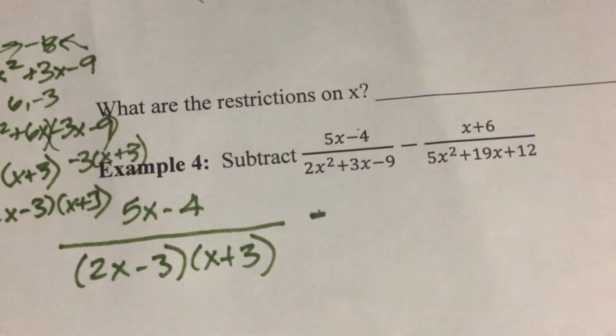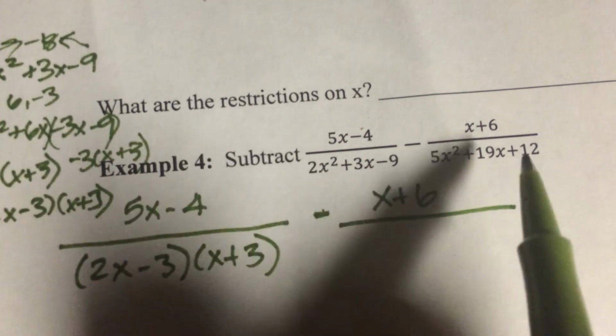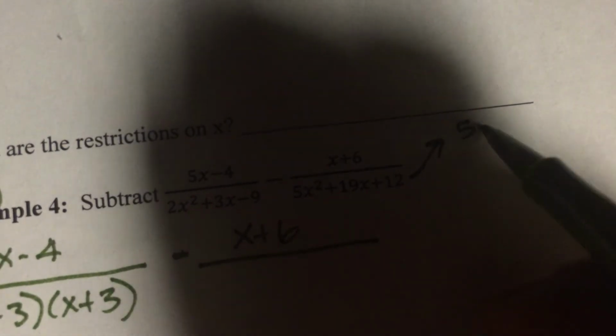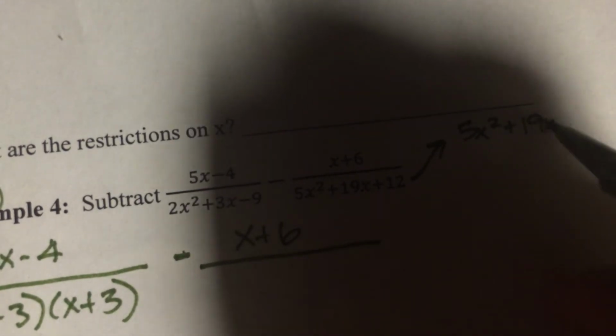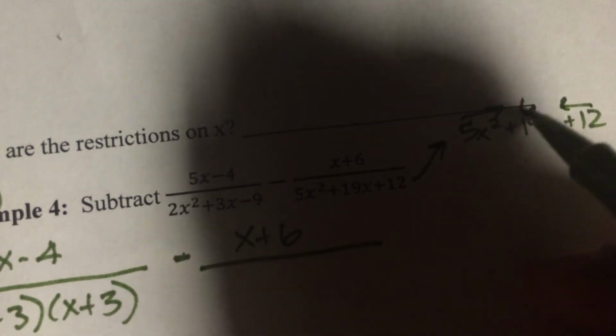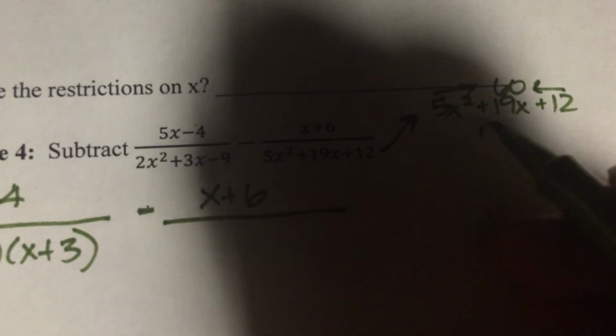Okay, then I've got this x plus 6, which fortunately doesn't factor, but my bottom does. 5x squared plus 19x plus 12. So let's figure out what that factors into. I need two numbers that multiply to equal 60 and add to equal 19. So that's going to be 15 and 4.